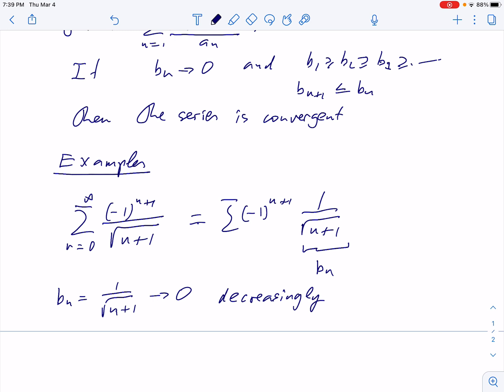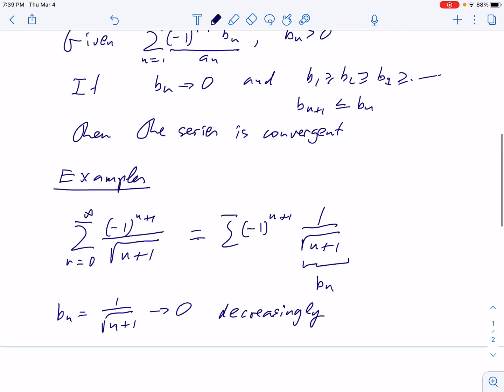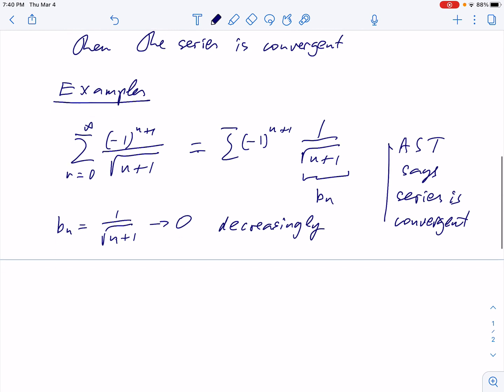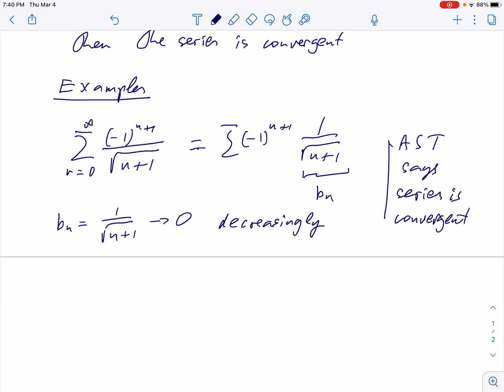And the alternating series test says that the series is convergent. Very simple example.